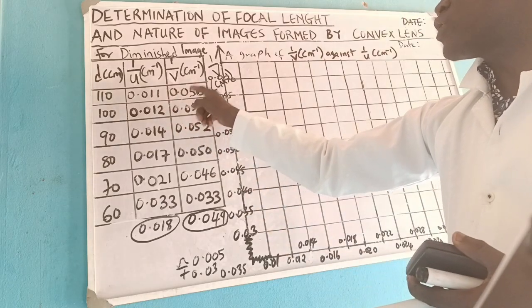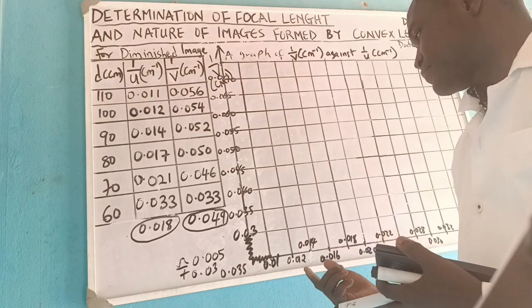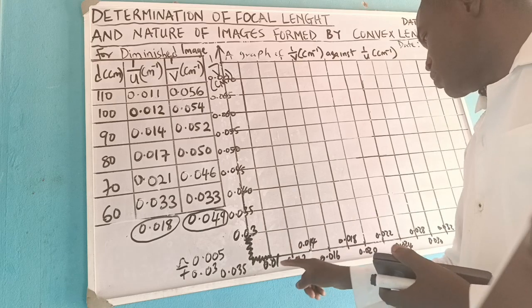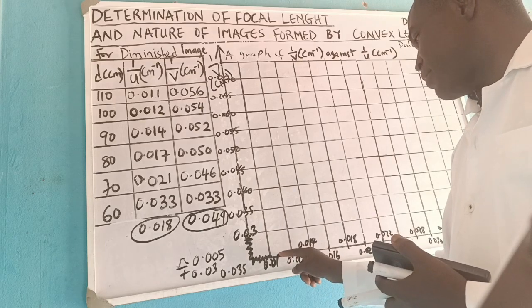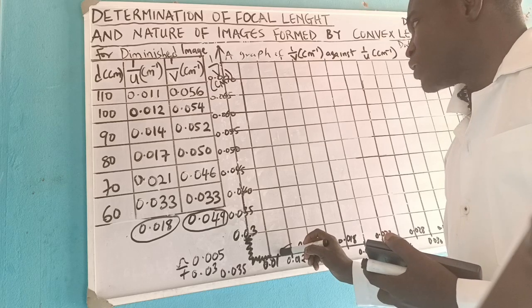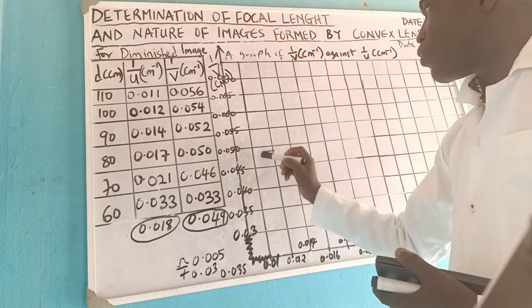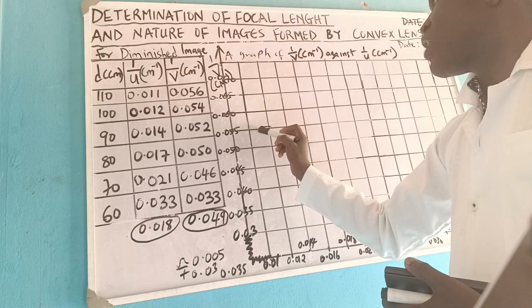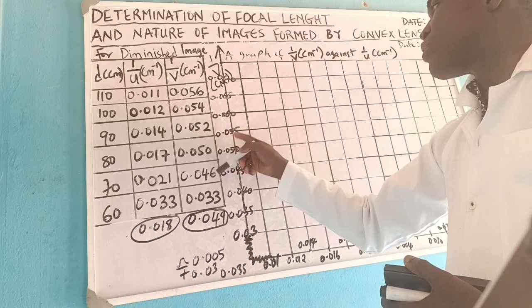0.011 against 0.056. Let's check. 0.011. Okay, 1 should be middle here. It should be at the center here. 0.056. Wow, 55. Are you getting it? Then 56. This is 0.055.